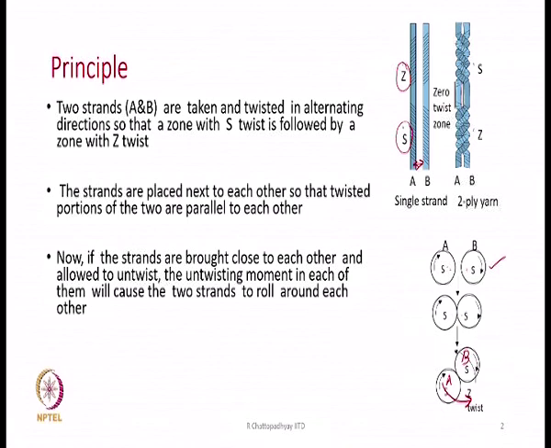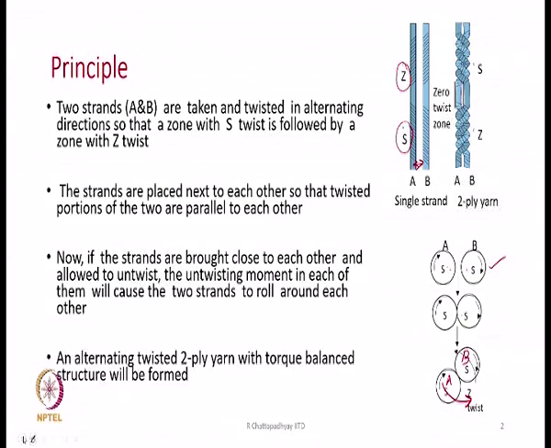So, S twisted part will be twisted together and they will show the presence of Z twist. So, the ply twist is going to be in Z directions, and we will get a torque balance structure. So, wherever we have S twisted portions, the ply twist will be in Z direction, wherever we have Z twisted portions, the ply twist will have in S directions.